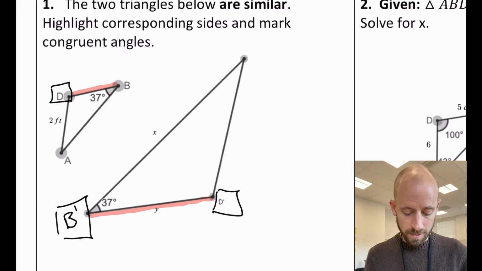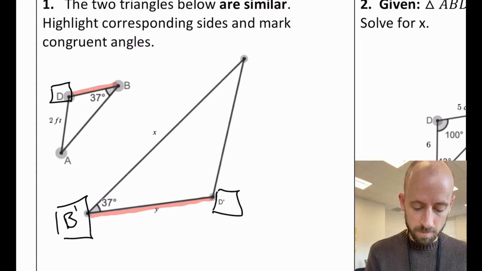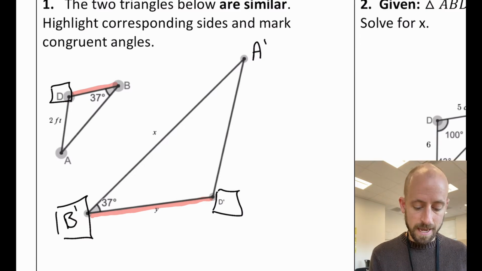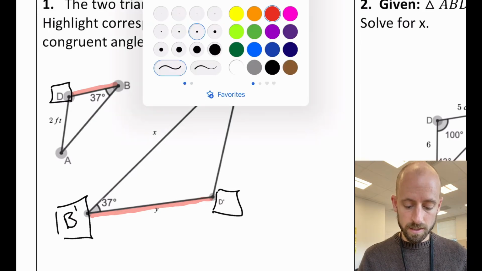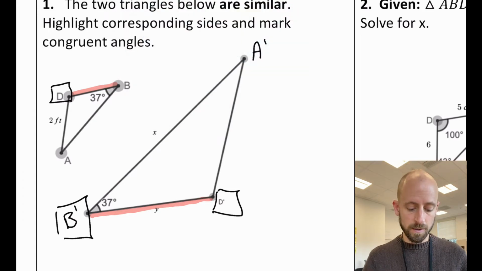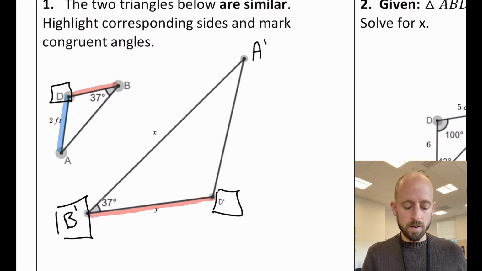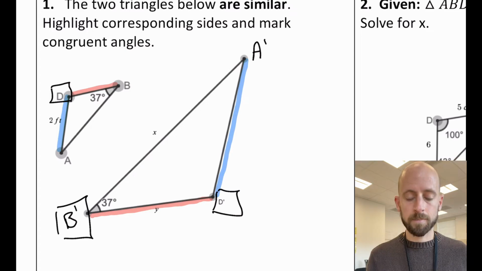The other clue that I have then is by process of elimination, that third point must be A prime up here because this was A. So let's use our process of elimination here. We can use a different color, and I can highlight a side. Let's highlight this side that says 2 feet here. So from D to A on the small triangle must be D prime to A prime on the big triangle. That's how I know to match those up, all right?